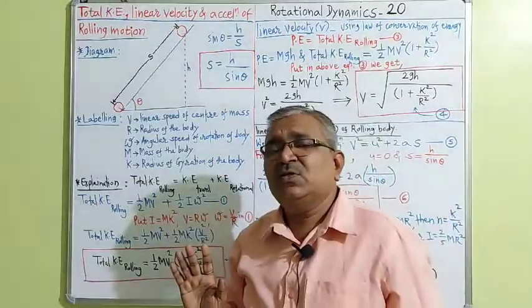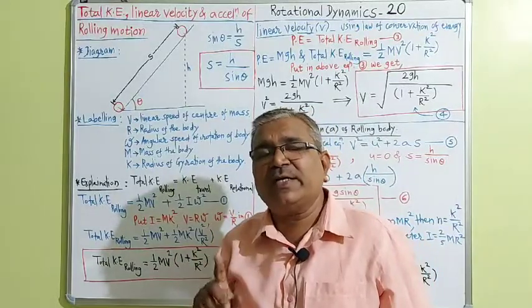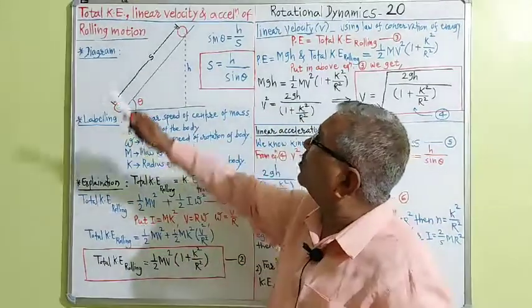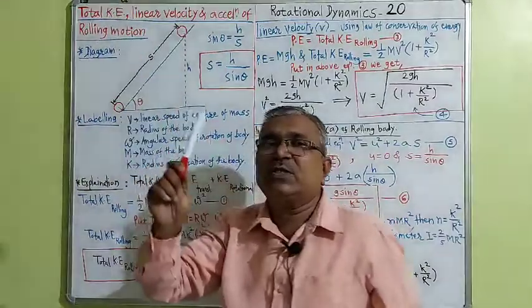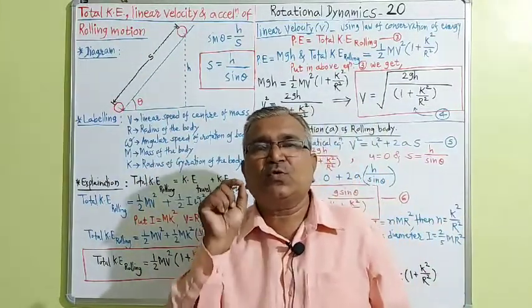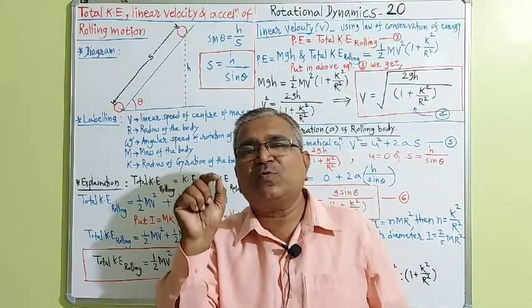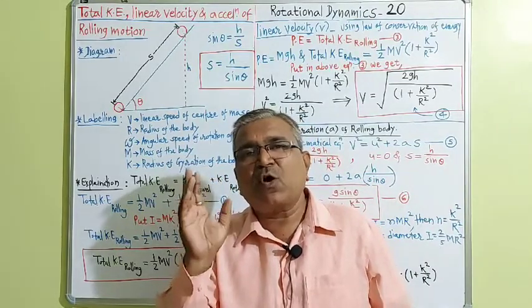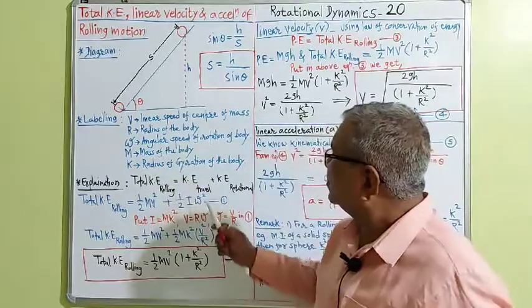That's all. Initially I have already told you that we have to calculate the value of the total kinetic energy of the rolling body. So the total kinetic energy of the rolling body is a combination of what?